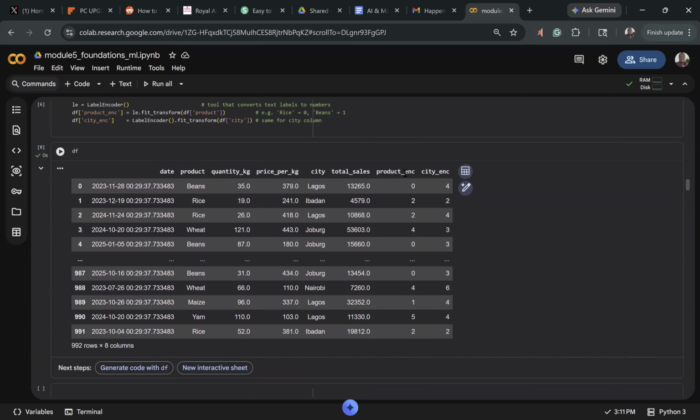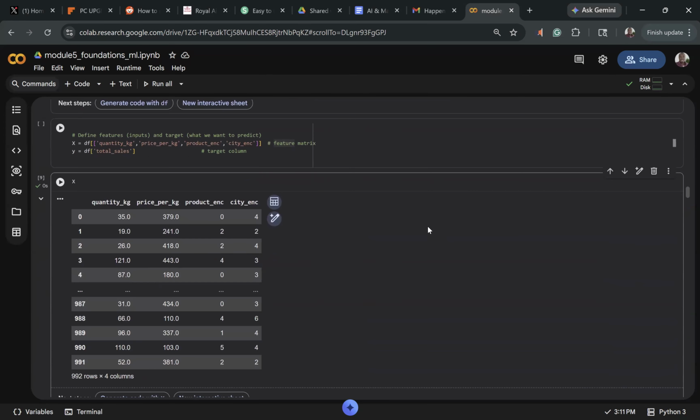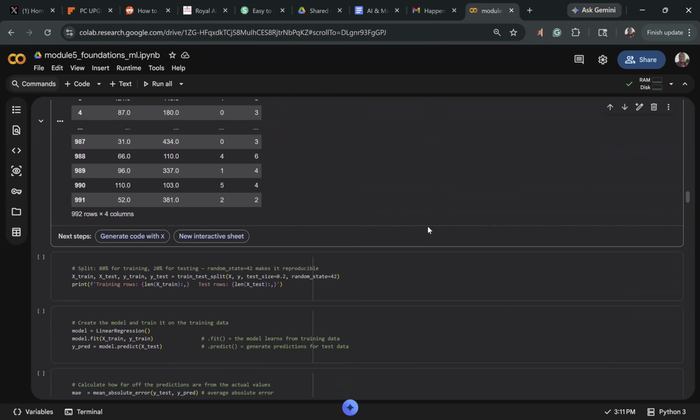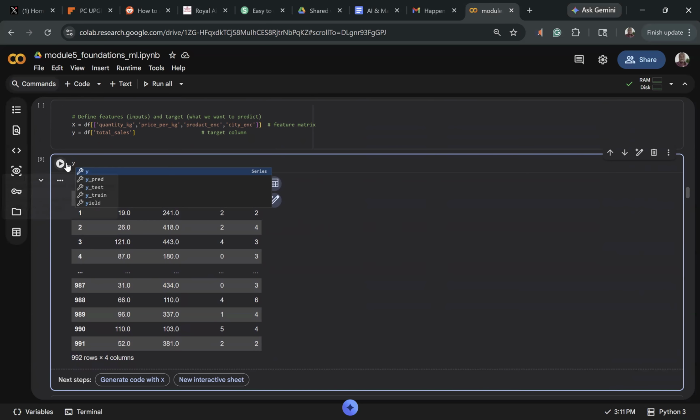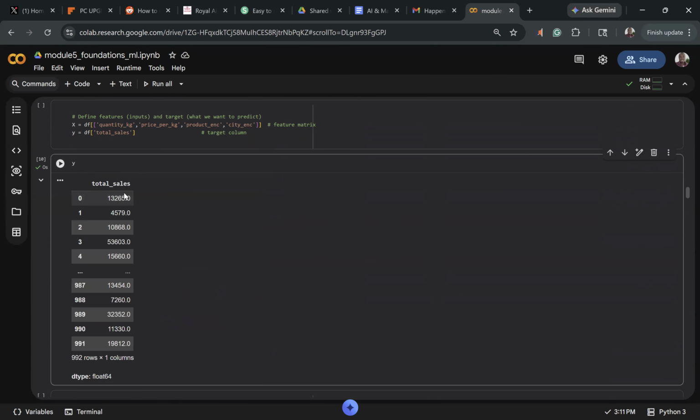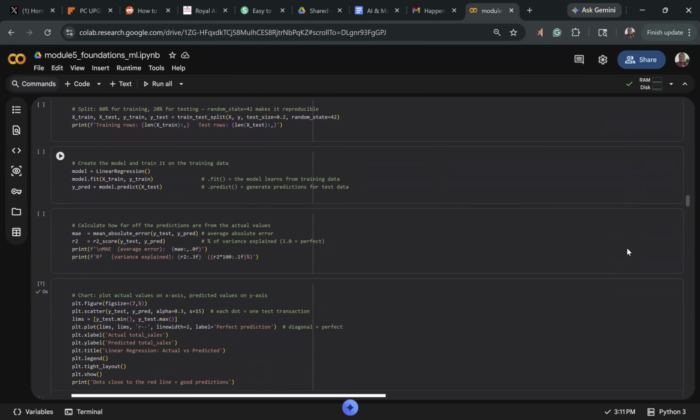We replaced them with the encoded values. Now, after doing that, we have our X and our Y. If you also check for Y, you should have Y to be the total sales, right? So since we are moving in the right direction, we already have our target, we have our features separated into X and Y, right? Now we want to split.